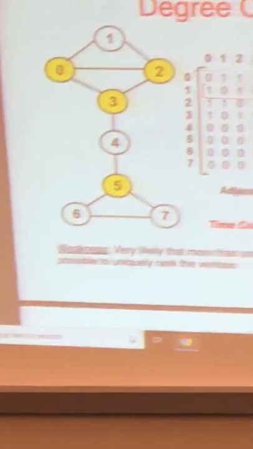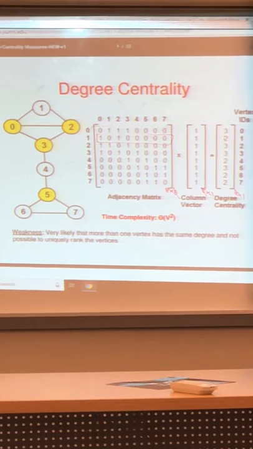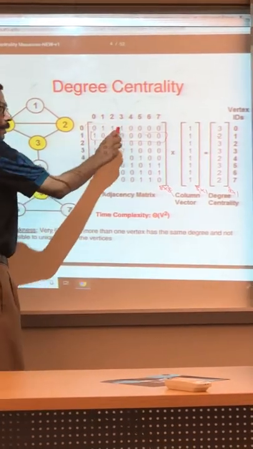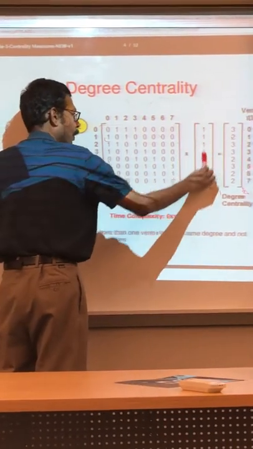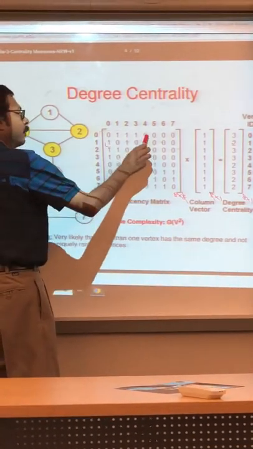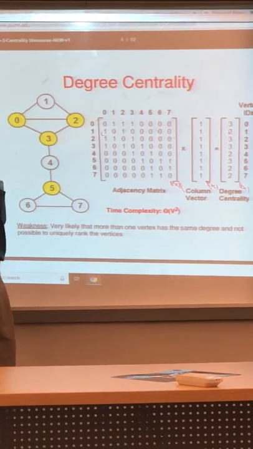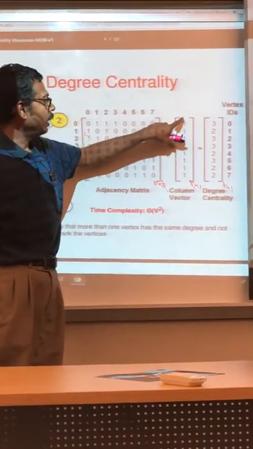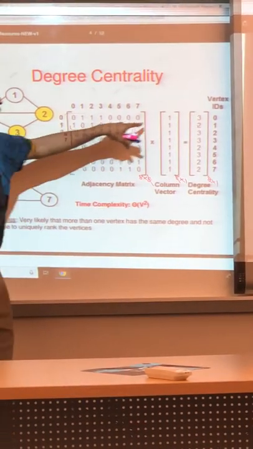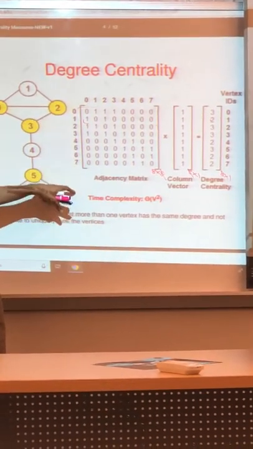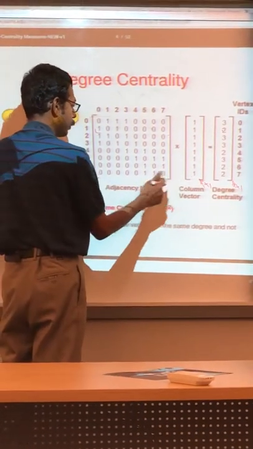Do we have a reason why we multiply by all ones? That's to count the number of ones. These ones get counted if you multiply by all ones, because if it's a 0 times 1, it's a 0. Why are we doing all ones? Because we want the degree for each vertex, right? So this is an 8 by 8 matrix. The adjacency matrix is a square matrix.